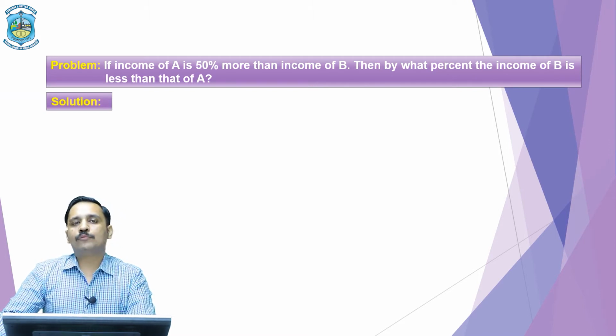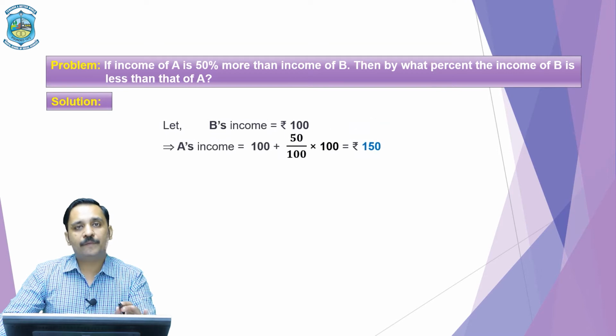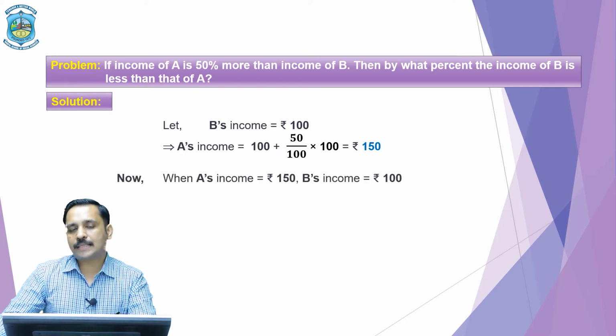So first, let the income of B be 100. It is given that A's income is 50% more than 100. That means A's income is 100 plus 50% of 100, which is equal to 150. Now when A's income is 150, B's income is 100.